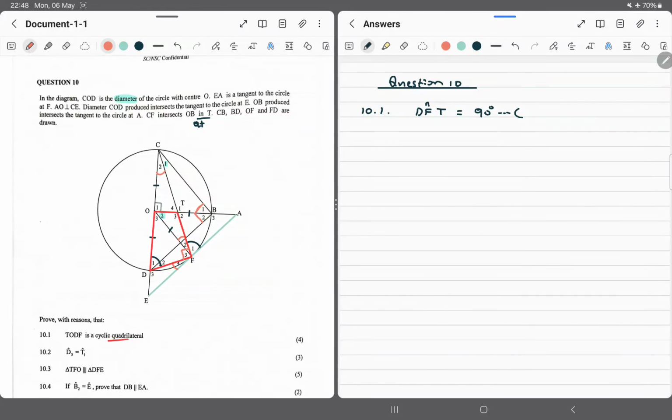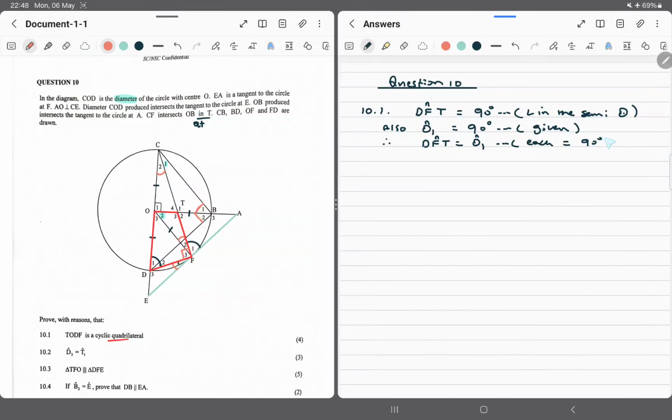Why is that? This is the angle in the semicircle. Nice and easy. We can say also, we know that angle O1 is equal to 90 degrees. That is given. We can conclude, therefore, that DFT is equal to angle O1.